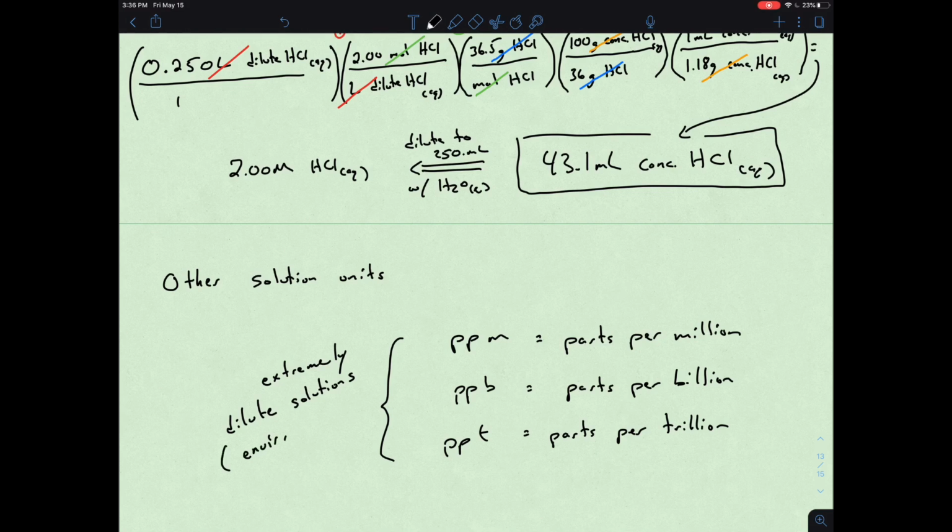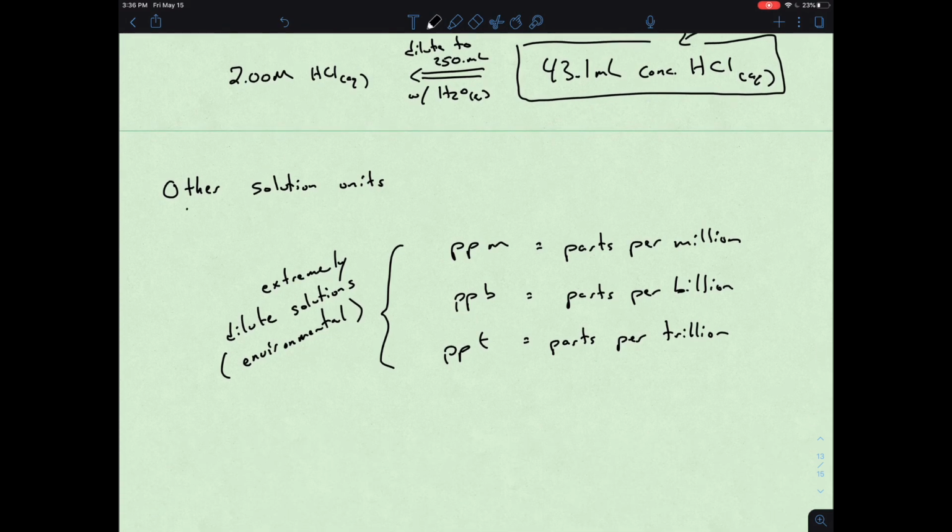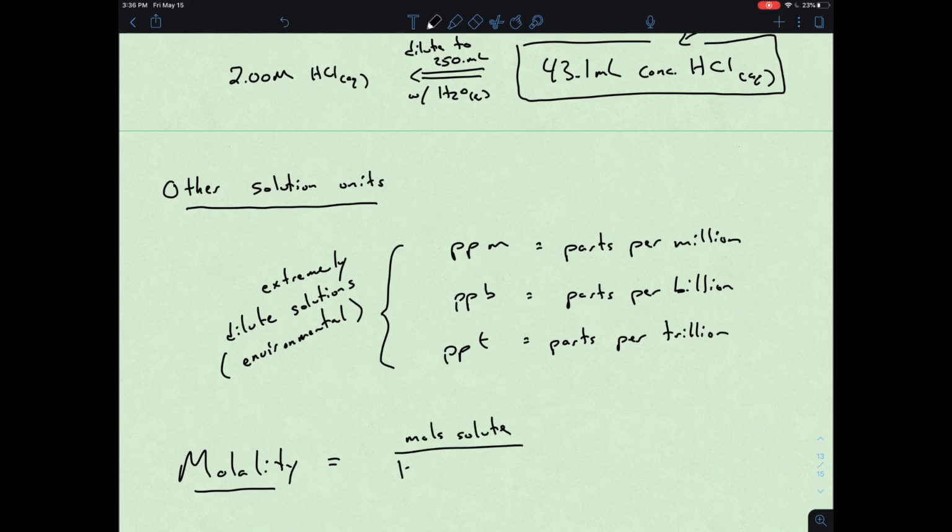Usually looking at environmental concentrations, water, rivers, lakes, contaminants within those aqueous systems. And so it's 1 part per million parts, essentially, or 1 part per billion parts. And so another one would be molality. Molality is actually moles of solute per kilogram of solvent.